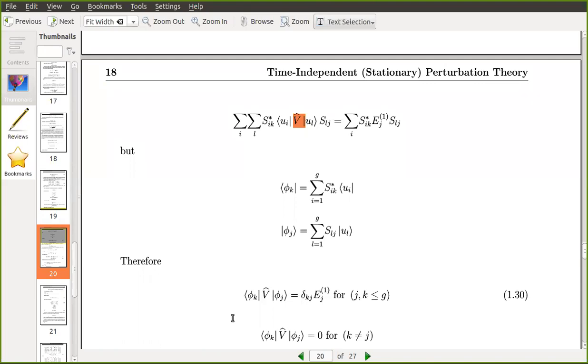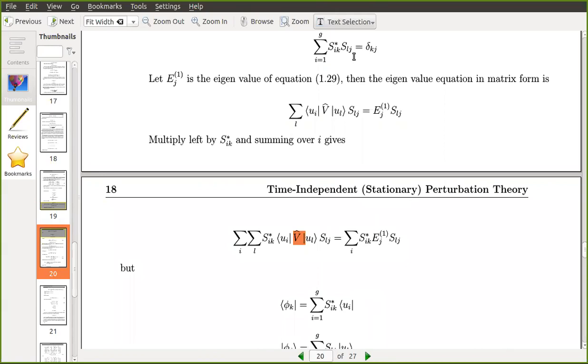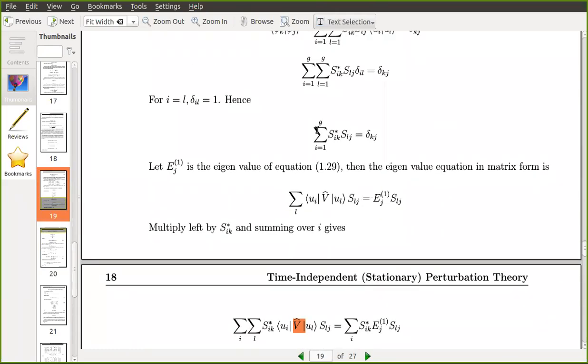Those UIs we are replacing with phi K. So now the left side becomes the matrix element of V in the new basis, bra phi K V ket phi J, equal to the right side, sum over I of Sik star SLJ. What is that? We have already written here that the sum over Sik star SLJ is delta Kj. There is no equation number, so this is the result.